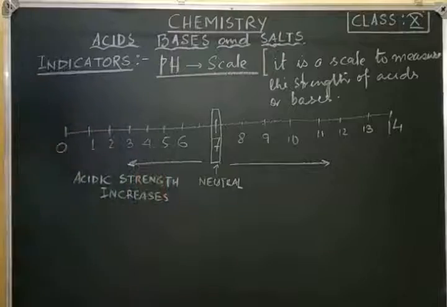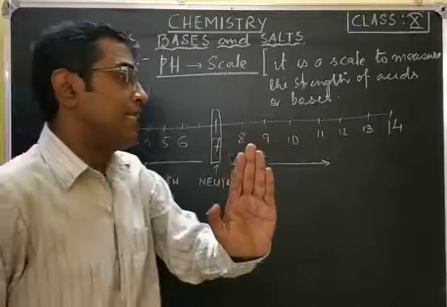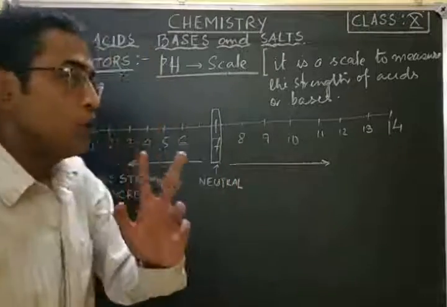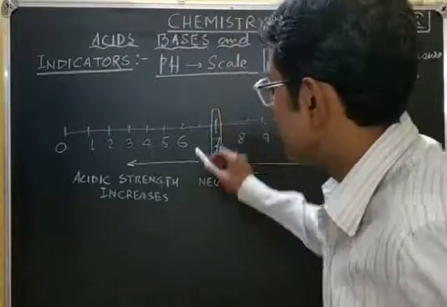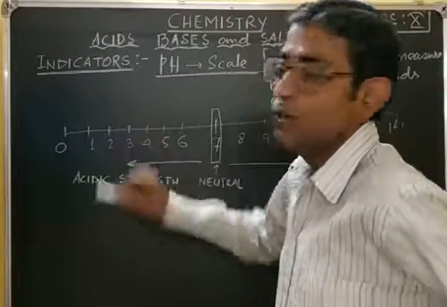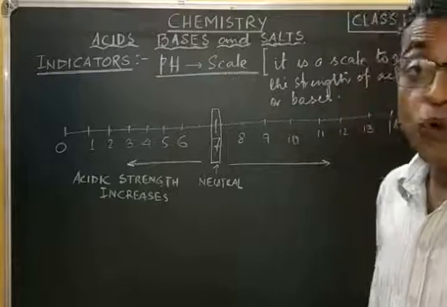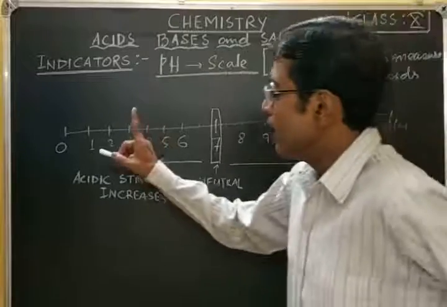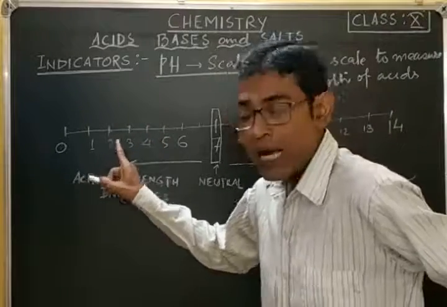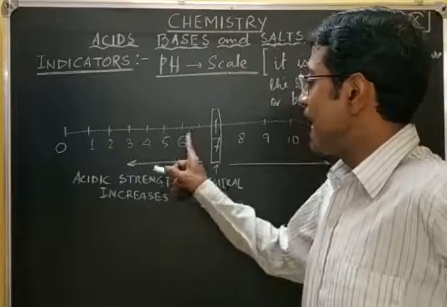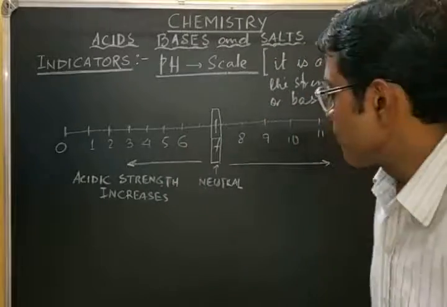If two solutions have a pH value of 6 and a pH value of 2, which one is more acidic? Your answer should be that the pH value of 2 is more acidic than the pH value of 6.